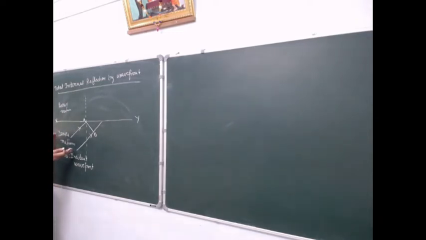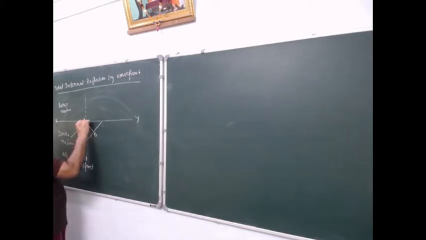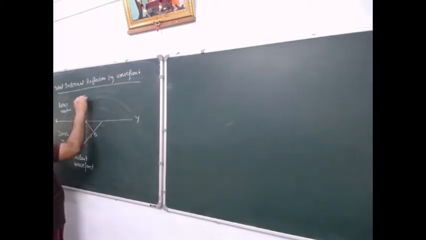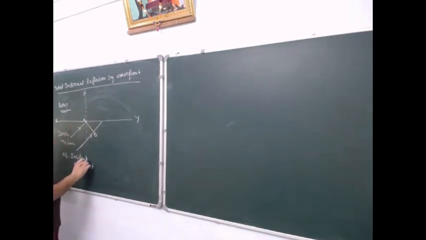Now the light travels from denser to rarer. As you know, it gets deflected away from the normal. N dash is the normal, which is the perpendicular line to the plane of refraction. This is 90 degree.